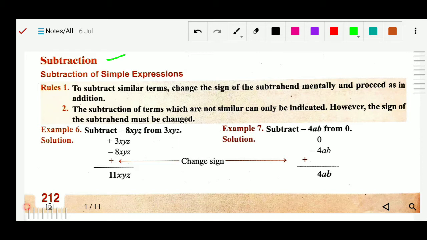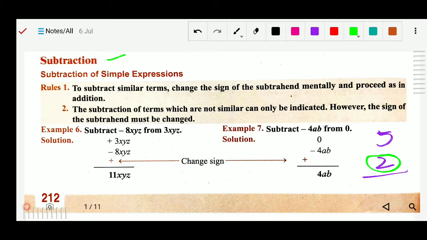The first rule is that to subtract similar terms, change the sign of the subtrahend mentally and proceed as in addition. First of all, what is a subtrahend? Suppose I write 5 minus 2. Among these two numbers, 5 and 2, which one is the larger number?